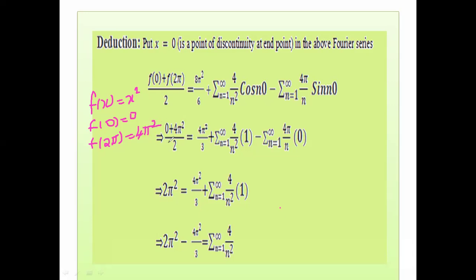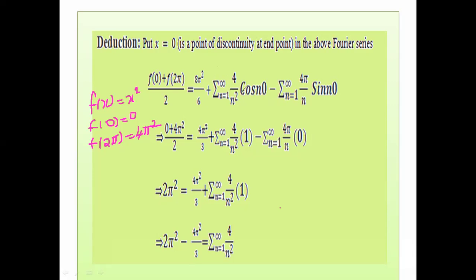Then after that you simplify this: 4 by 3 pi square plus summation n is equal to 1 to infinity 4 by n square times 1 minus summation n is equal to 1 to infinity 4 pi by n times sin n of 0. The sin 0 value will become 0, cos 0 value will become 1.